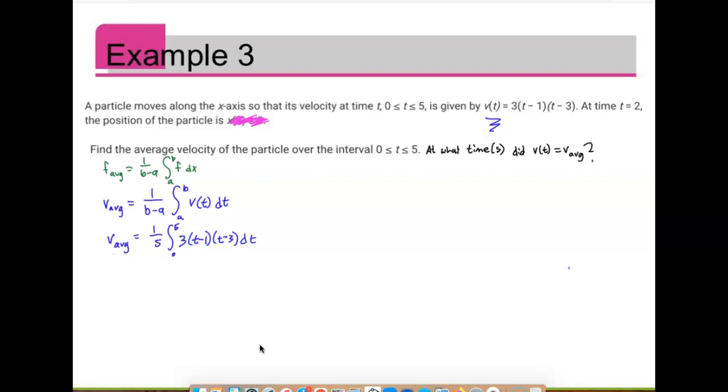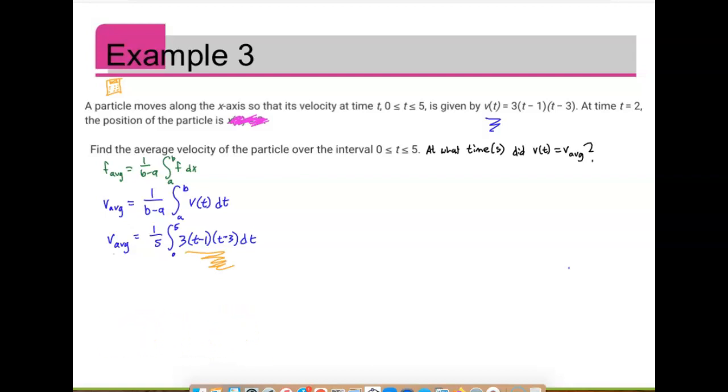All right, again, a hint that this is a calculator problem. On a problem like this, you could multiply this out and take the antiderivative. But I just want you to recognize, if it's a calculator problem, you can much more quickly evaluate that integral in your calculator.